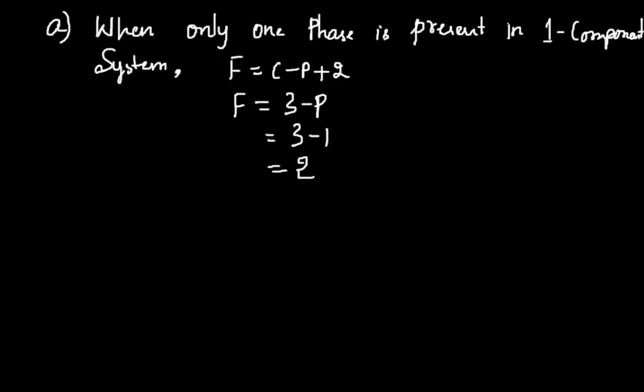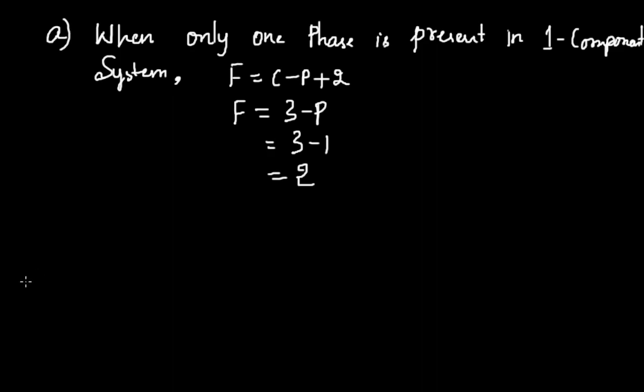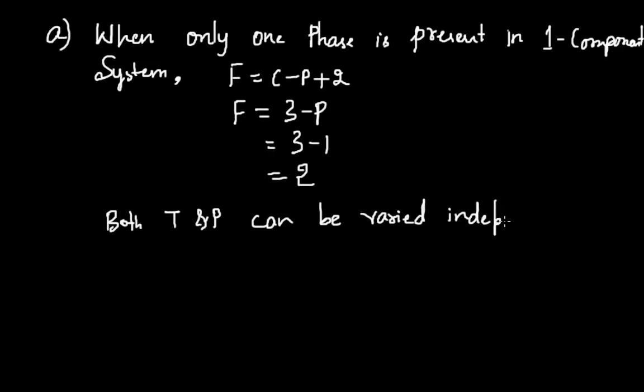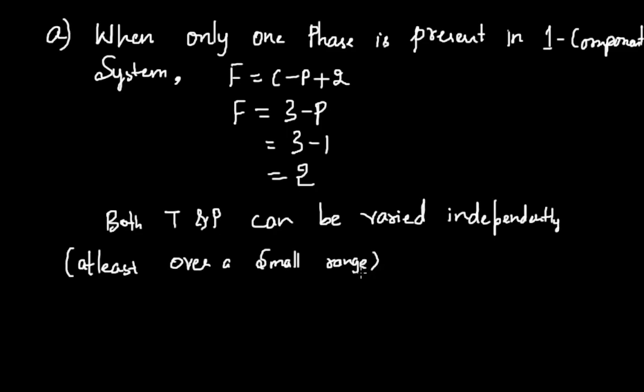Which means both temperature and pressure can be varied independently, at least over a small range, without changing the number of phases.